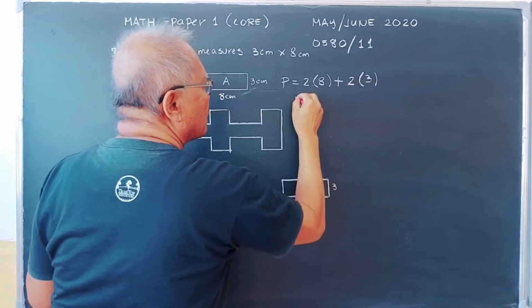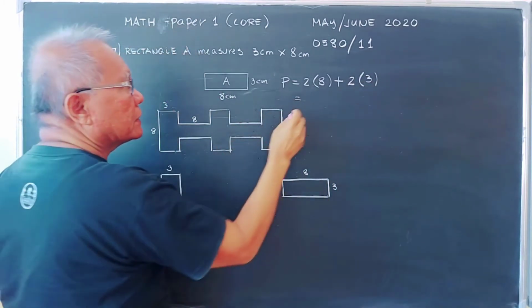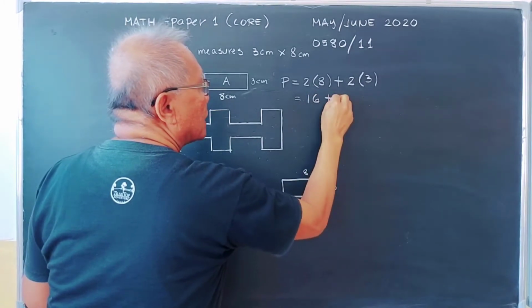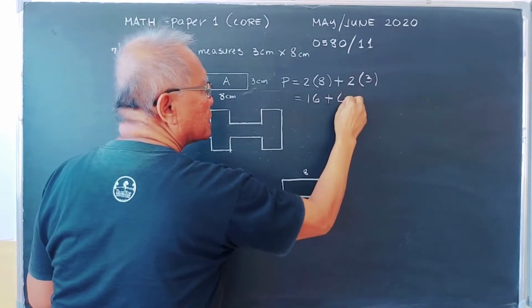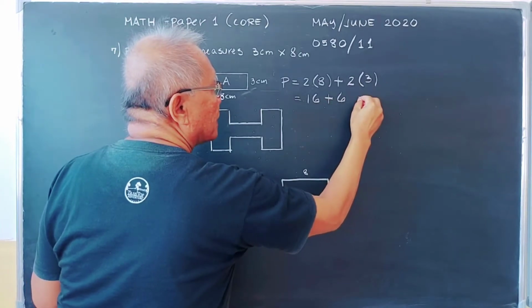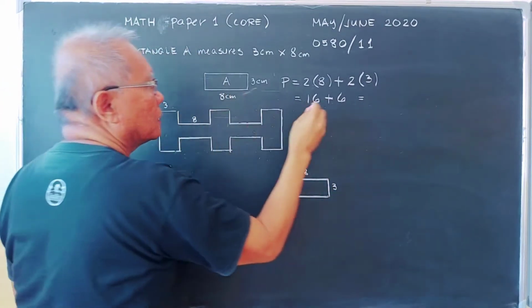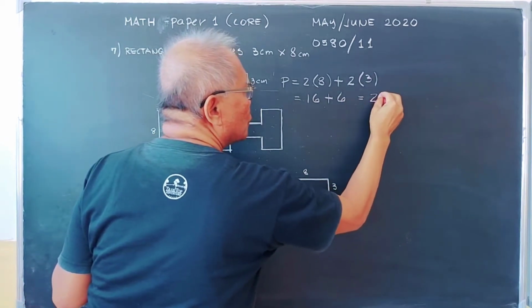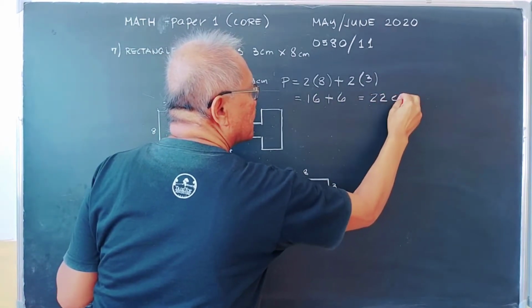So the perimeter of our rectangle is equal to 16 plus 2 times 3, which is 6. So the perimeter of one rectangle only is 22 centimeters.